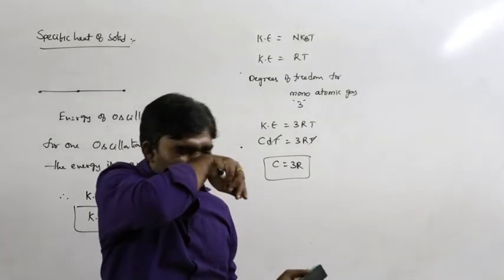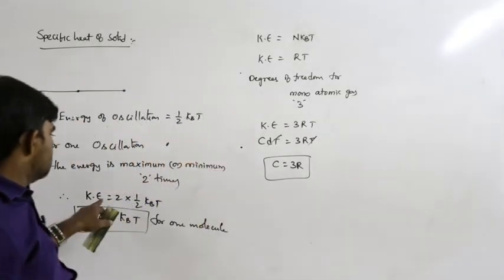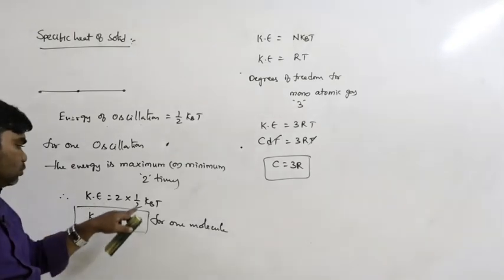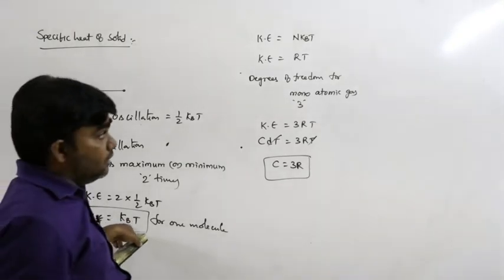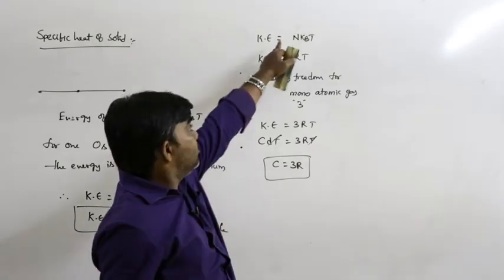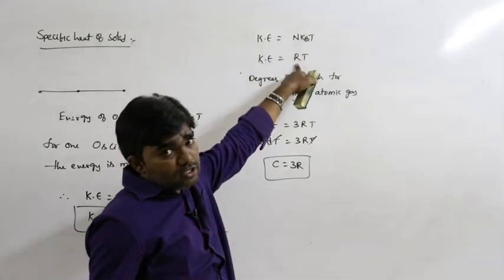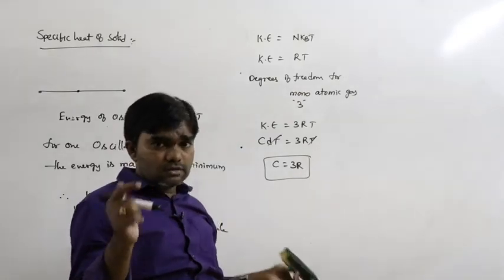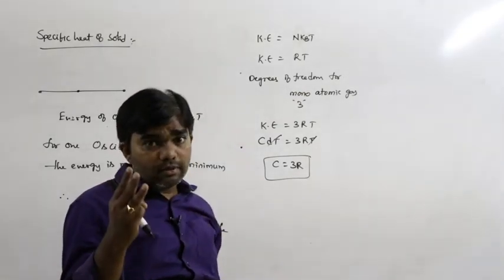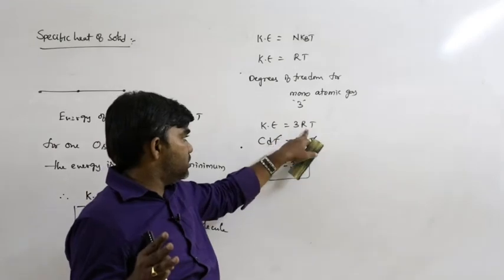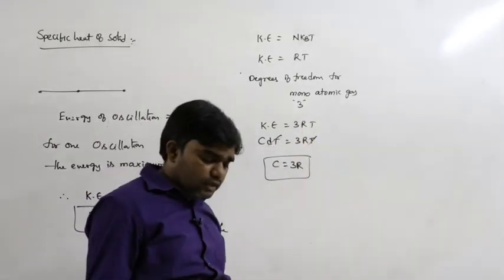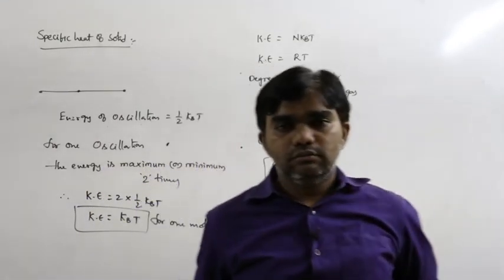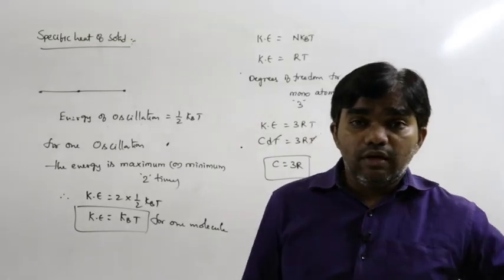So the total kinetic energy equals 2 into half kBT, that is kBT, for one molecule. For n molecules, n kBT, and n kB is nothing but R. The degrees of freedom for one molecule is 3, so that is 3RT. Therefore the specific heat of the solid is 3R.